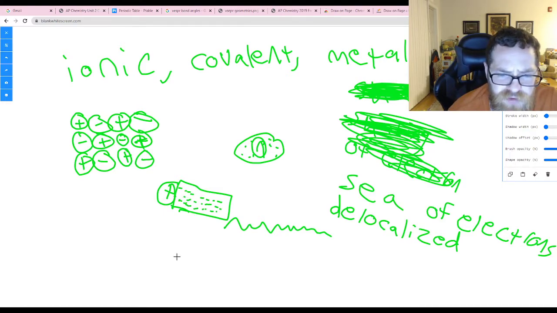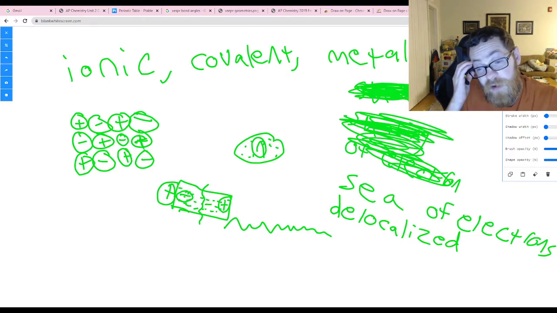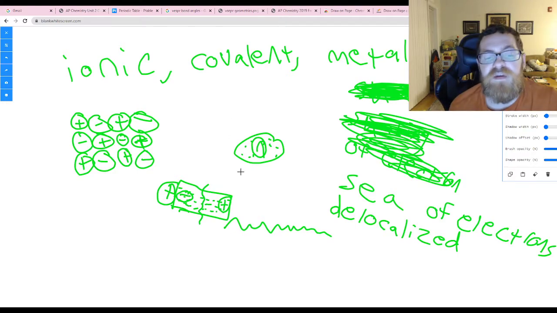And that makes this part of it negative and this part of it positive. You can actually cut it in half and end up with a fairly charged hunk of metal on either side. So just something to think about. They're literally delocalized. They can move freely, and most of the time they are evenly spread out. But we can manipulate that with electricity, which is actually really useful. That's how we make a lot of detectors for certain things.